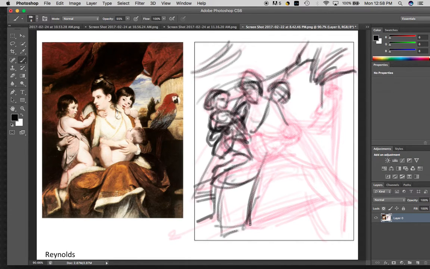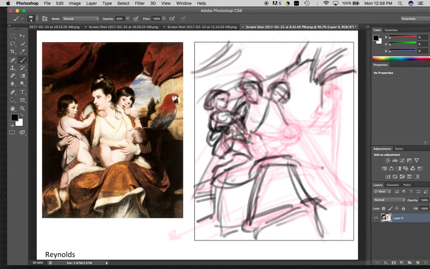So we'll get the major components of these figures, her dress in through here. And if you want, I'll put some tone down later on once we've got everything locked in line. And of course, you could do it in tone on its own. I mean, there are many different ways to do this.